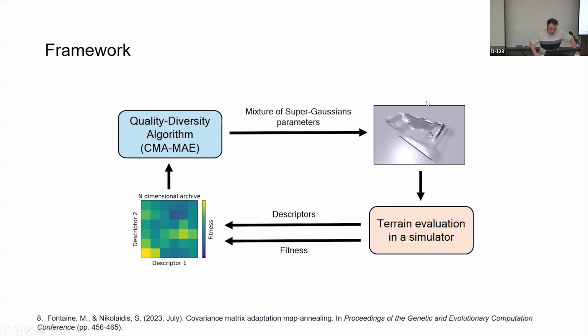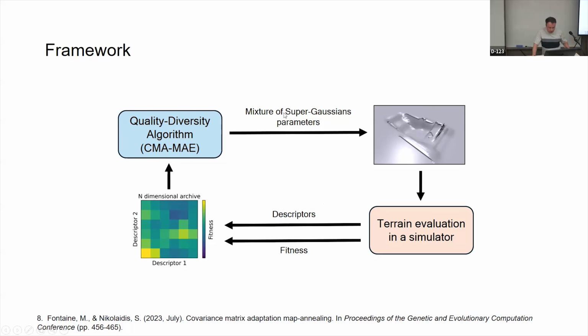So basically, the robot travels the terrain and records the descriptors corresponding to the different penalties and the fitness. And we use this descriptor and fitness to update the archive. And then we give it to the QD algorithm again to generate new terrain parameters.